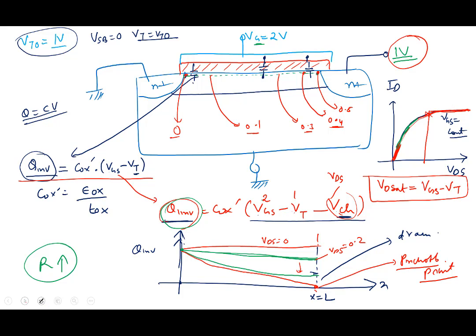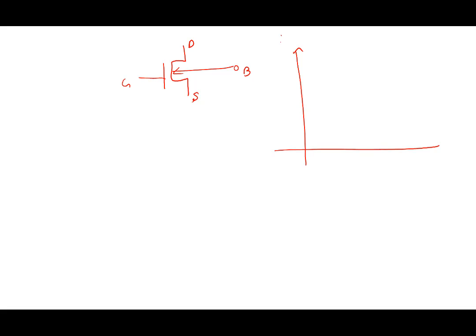Okay, so what we have is a situation. Let me draw the characteristics. We have this MOSFET that you see here: drain, source, gate, body. The characteristics are, if we draw IDS, the current that flows between drain and source, versus VDS, the characteristics go like this.